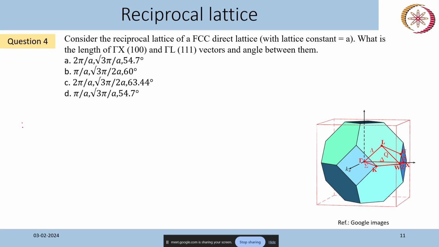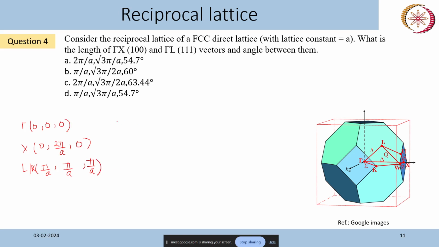Let me give you the coordinate points also. Gamma is 0, 0, 0. X is 0, 2 pi by a, 0, and L, here denoted as K, is pi by a, pi by a, and pi by a.